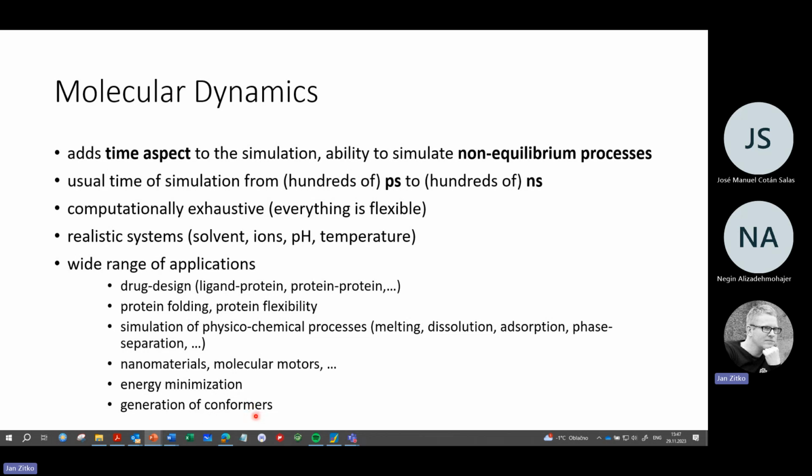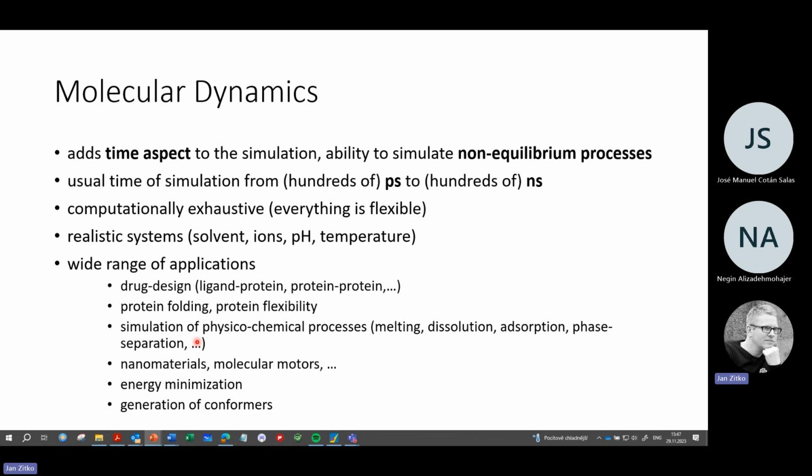Okay, that was about drug design, but as I said, molecular dynamics is a very broad method, so you can use it to, for example, simulate physicochemical processes. So you can simulate melting, dissolution, adsorption, phase separation, and many others. Just to give you an example, you know what the partition coefficient P is and how it's determined. The partition coefficient P is the concentration of a compound in octanol divided by the concentration of the same compound in water.